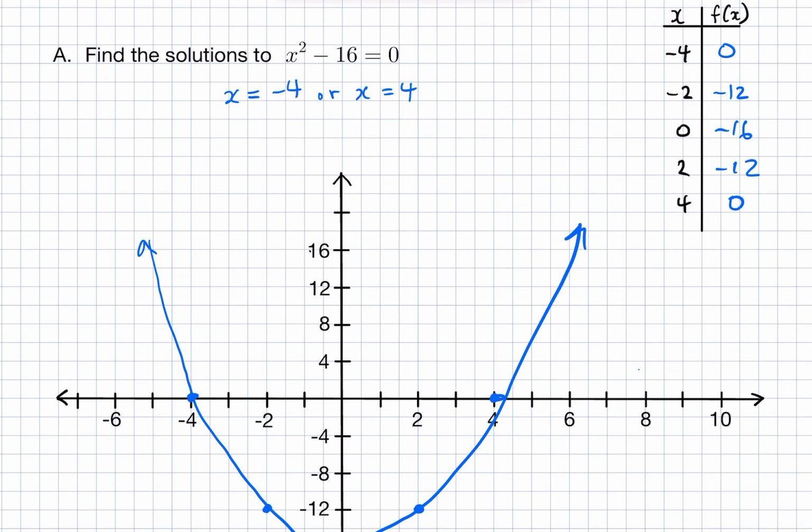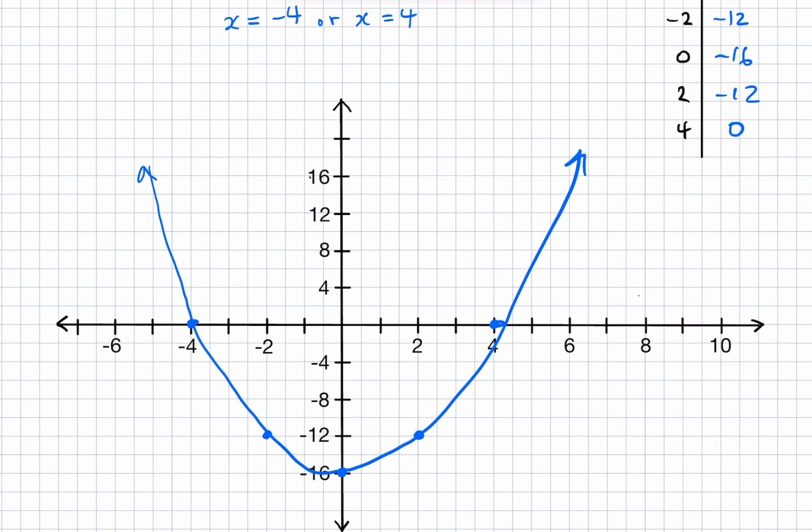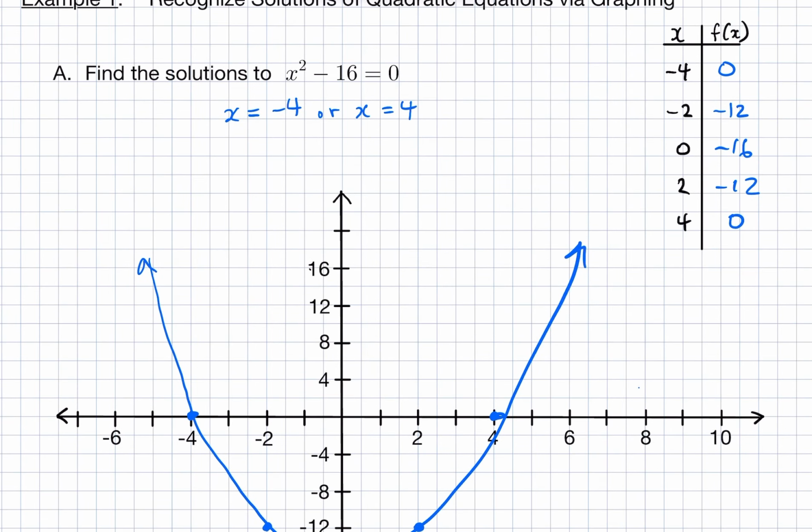Okay, the second way, which is a lot easier, is to use a graphing calculator like Desmos. When you use Desmos, all you need to do is plug in the function into the calculator, and that function here would be f of x is equal to x squared minus 16.